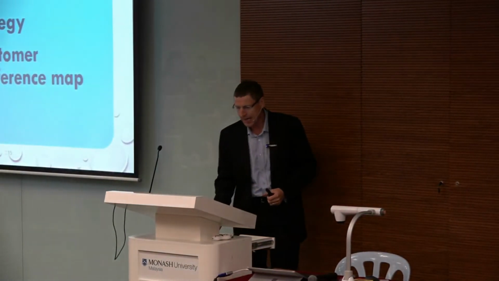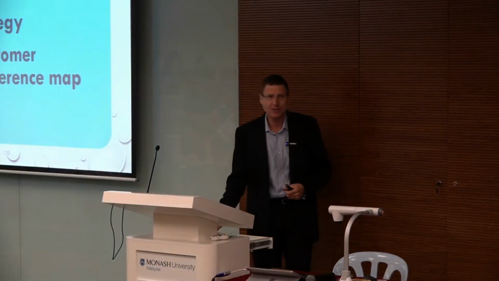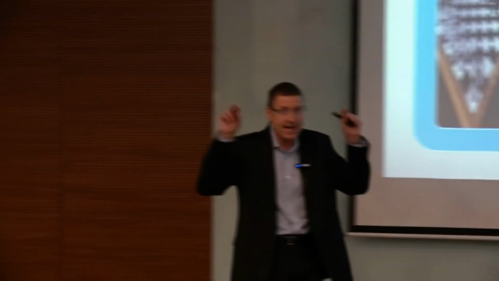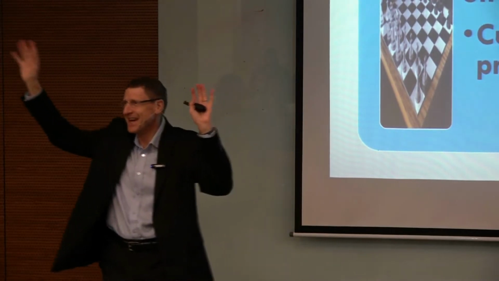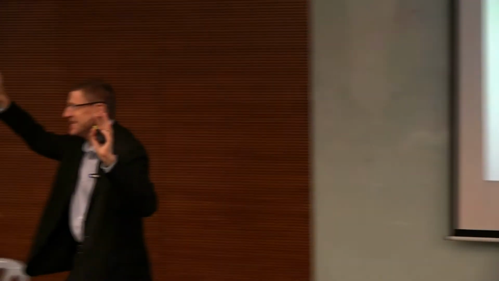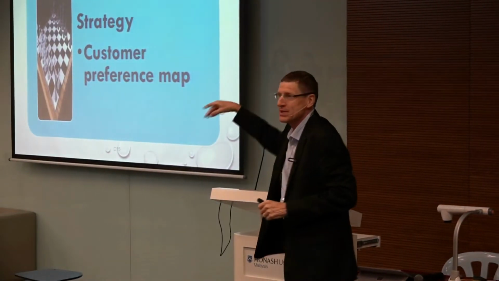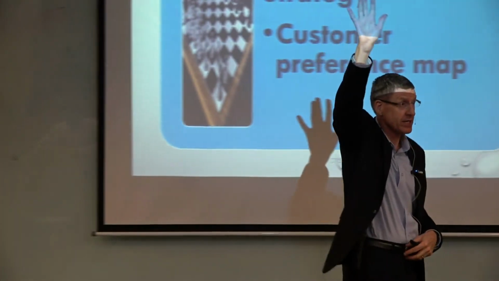So now we get to the part where in the exam, okay, right, alerts go up, you said the exam word, right, and that is, we would like you to know how to draw a customer preference map. How many of you have heard that before? Have you heard of that idea before?